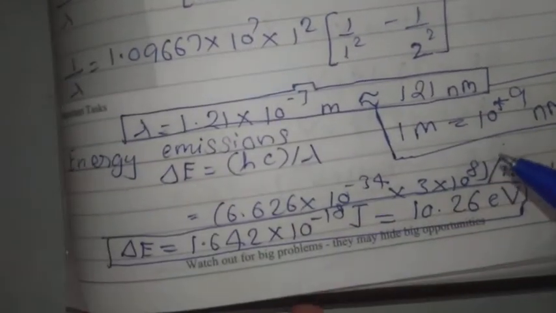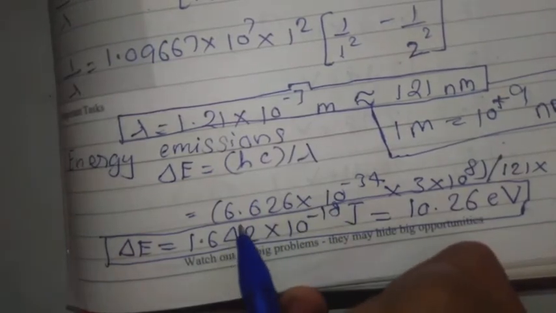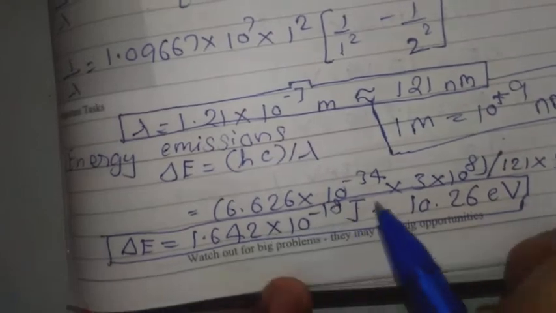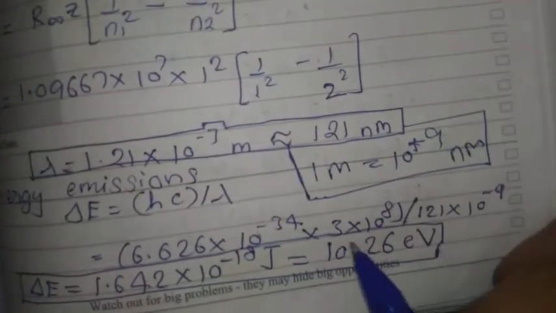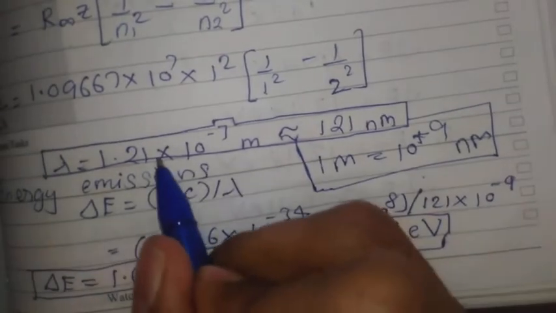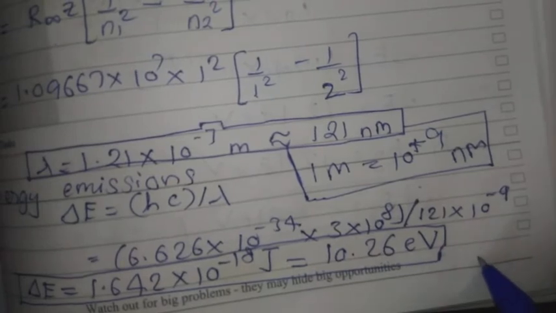So energy emission delta E is equal to hc by lambda. h is the value of Planck's constant, 6.62 into 10 to the power minus 34, into c, the speed of light, 3 into 10 to the power 8, upon lambda, the value which we got in the above equation. And mind you, this lambda must be in meters.